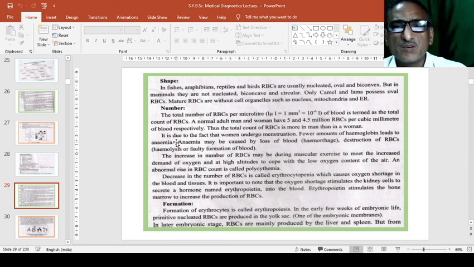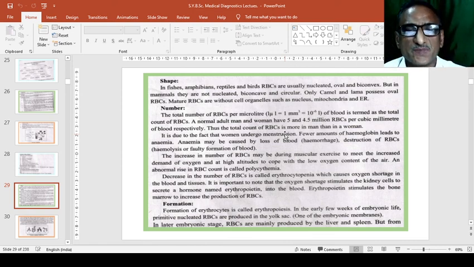The number of RBCs per microliter of the blood is termed the total count of RBCs. An adult man and woman have 5 to 4.5 million RBCs per cubic millimeter of blood respectively. So in man, the blood cells are more as compared to woman.